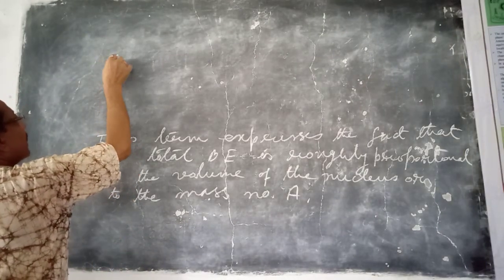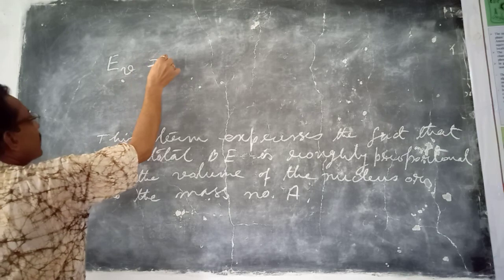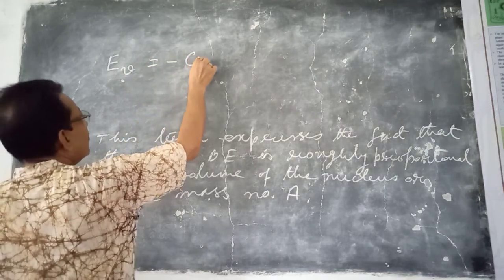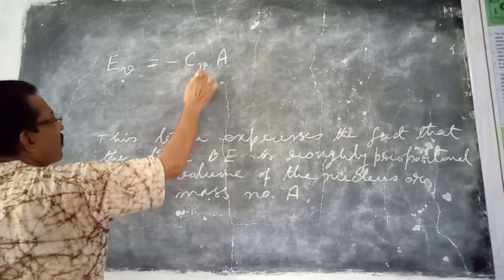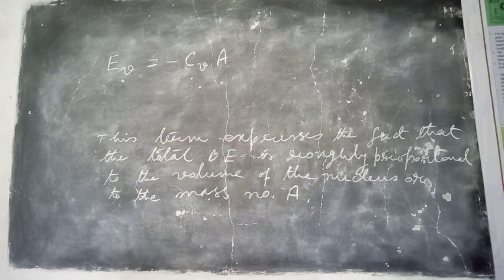Therefore, we write EV equal to minus CV times A, where EV is proportional to A and CV is the proportionality constant. Minus stands for attractive in nature.